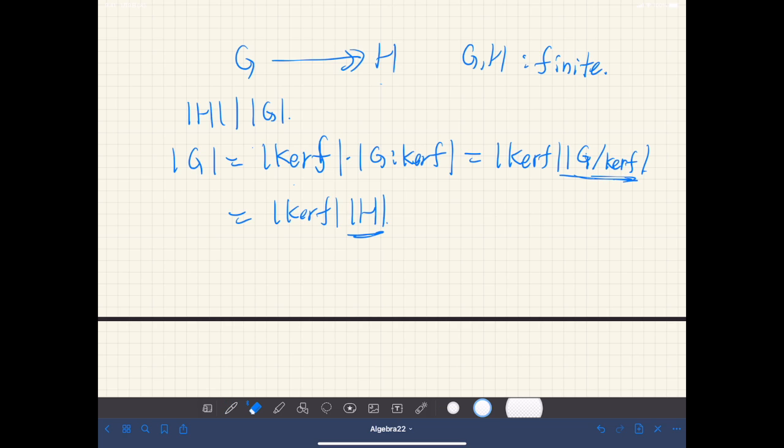Therefore, the number of elements of G is a multiple of the number of elements of H. So this is a very strong result. Just because there is an epimorphism here, we can show that G is a multiple of H in some sense.